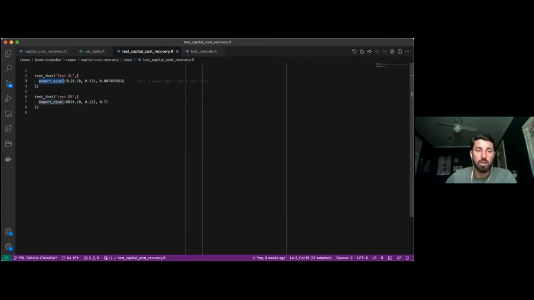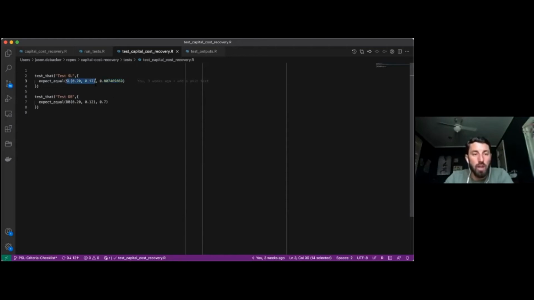The second argument is what I expect to get out of that SL function with those inputs. For this example, we're passing an input of 0.2 and 0.12 into the SL function, and if I do that, I expect to get back 0.807.